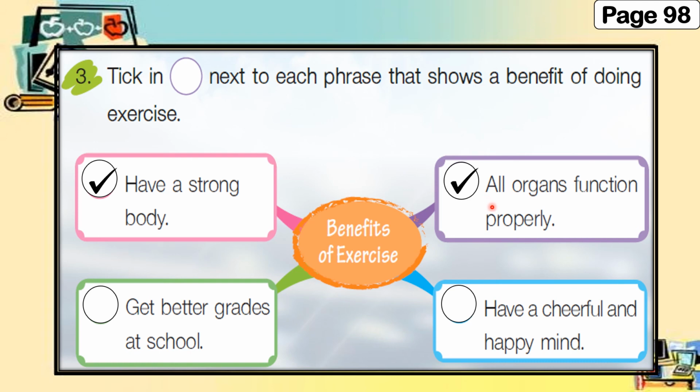And then the last one here is have a cheerful and happy mind. So you are always in a good mood when you do exercise. So you put again a check on this part.